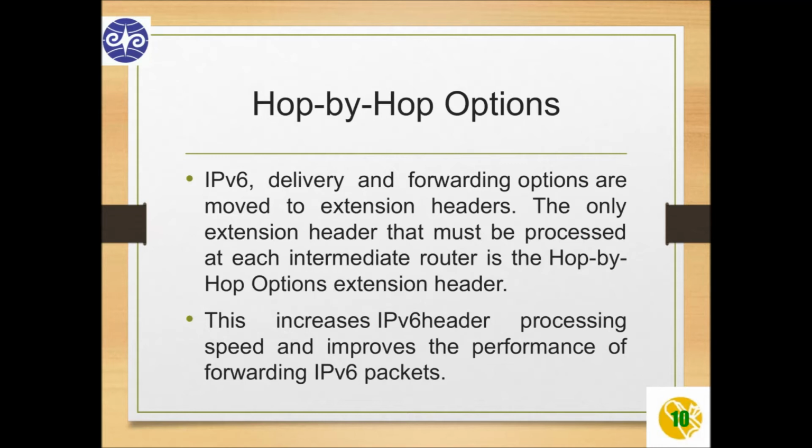Hop by hop options. Dear students, first of all, you must know what a hop is. This is HOP, hop. When we use a wide area network, from sender to receiver there are thousands of devices which are called switching devices, and these devices are normally routers. From one router to another router there is a link, and if from sender to receiver there are 20 routers, then these are 20 switching devices.